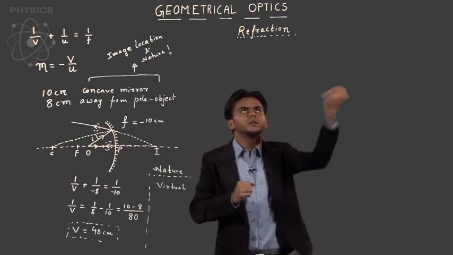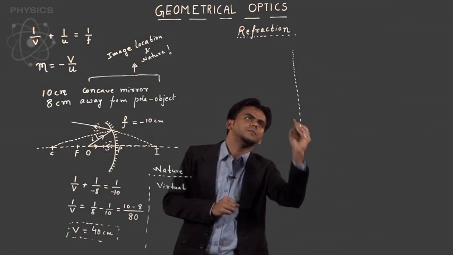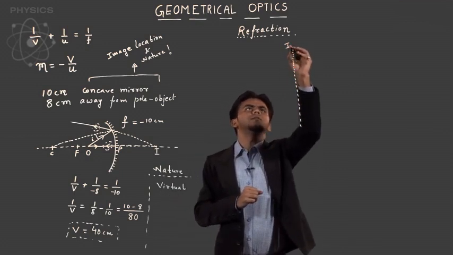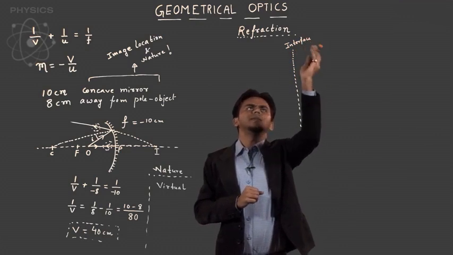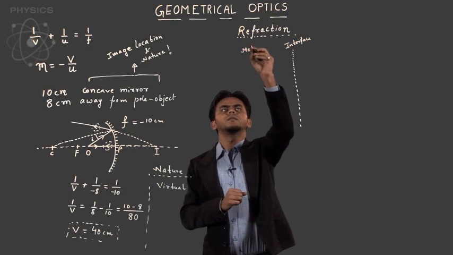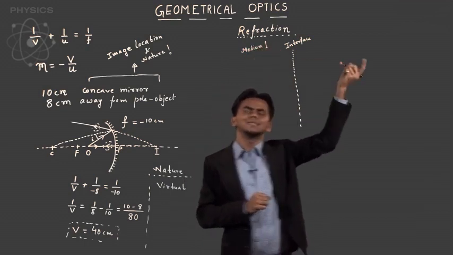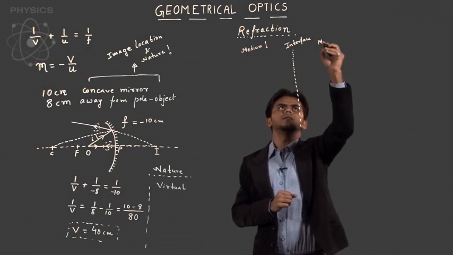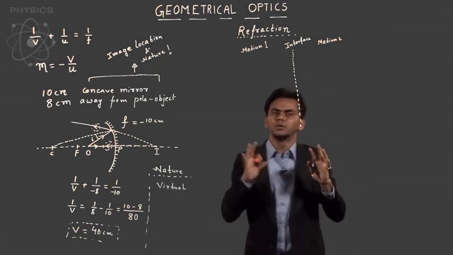So whenever you have an interface, this is the interface, and this side of the interface is of a different medium, medium 1, and this side is medium 2.